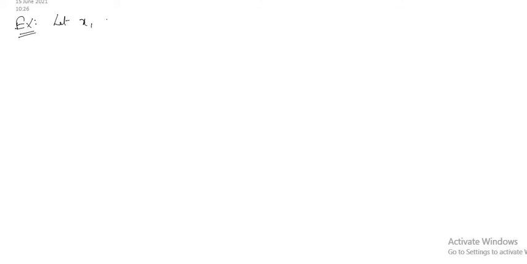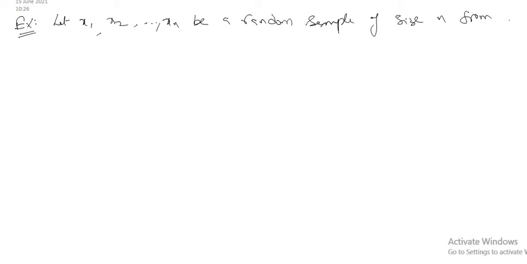Let x1, x2 and so on xn be a random sample of size n from a normal population with parameters mu and sigma square.